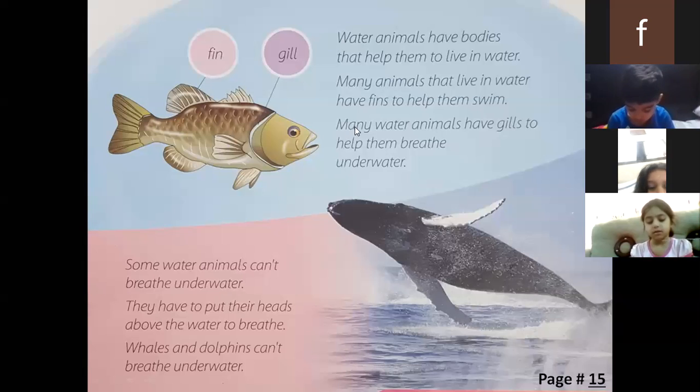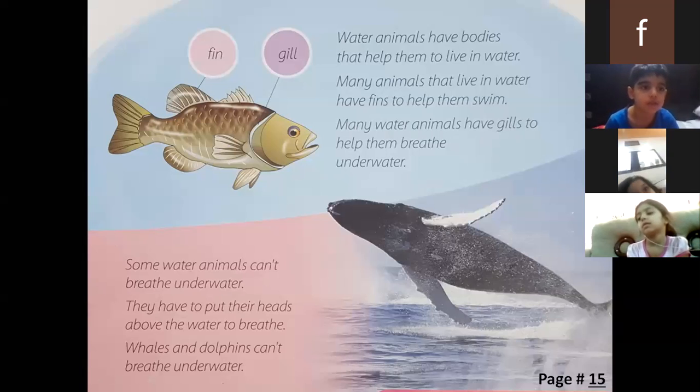Now, many water animals have gills to help them breathe underwater. We humans, please all of you focus on the screen. We humans have what that helps us to breathe?